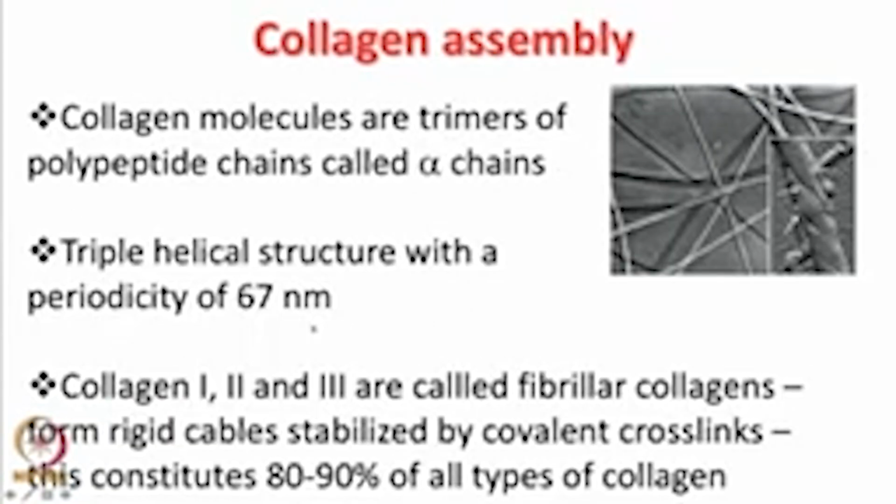Some of them are fibrillar, specifically collagen 1, 2, 3 are fibrillar collagens, and these rigid cables generated from individual collagen fibers can be further stabilized by covalent crosslinks. Fibrillar collagens are the majority of all collagens, constituting nearly 80 to 90% of all collagens.